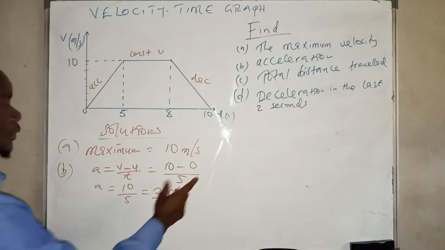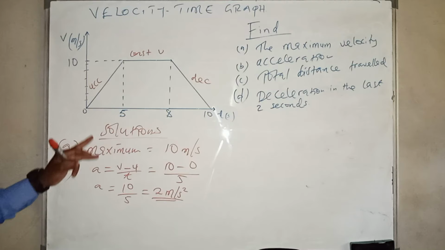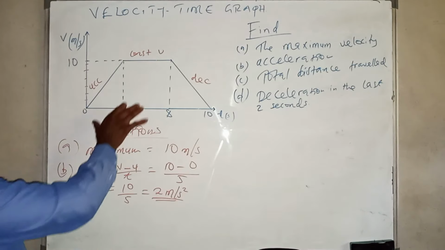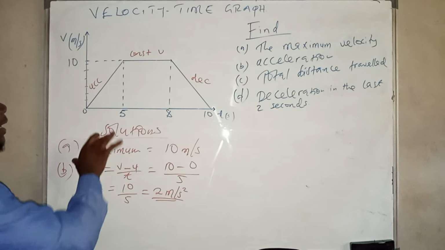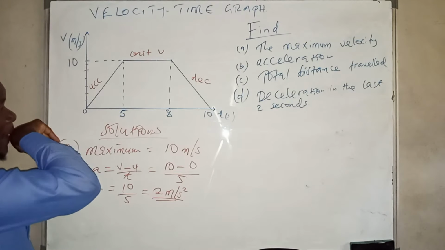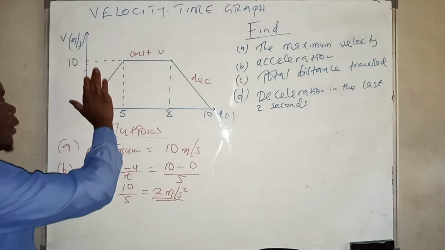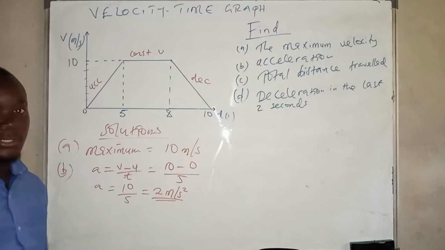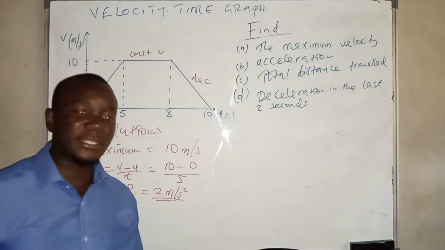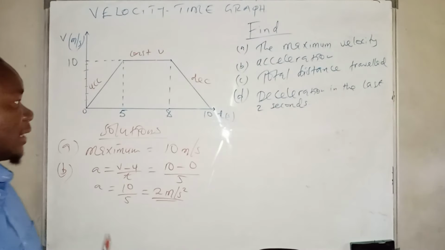Now we can go on to find the total distance traveled. This question encompasses 2 methods of solving it. We can either use the trapezium rule, or we can solve it part by part. We find the area of this, and the area of this, because the distance traveled is equal to the area under the shape of the graph.